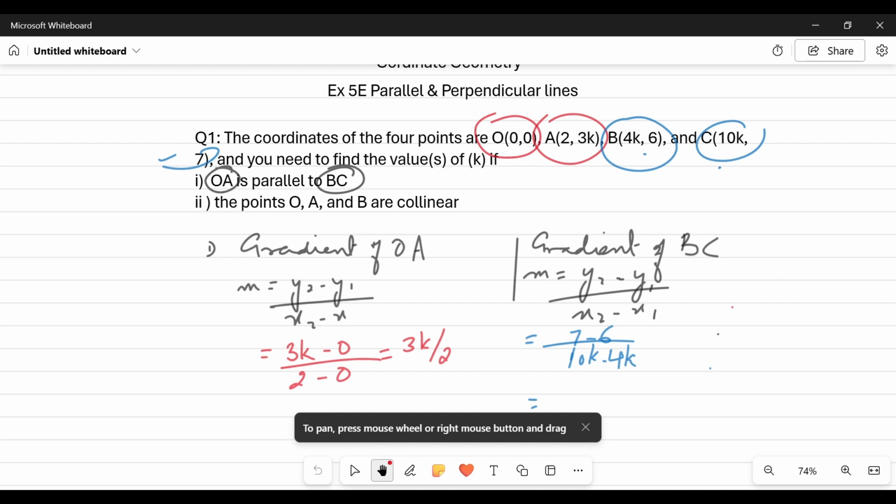After substituting the values, we get the gradient of BC.